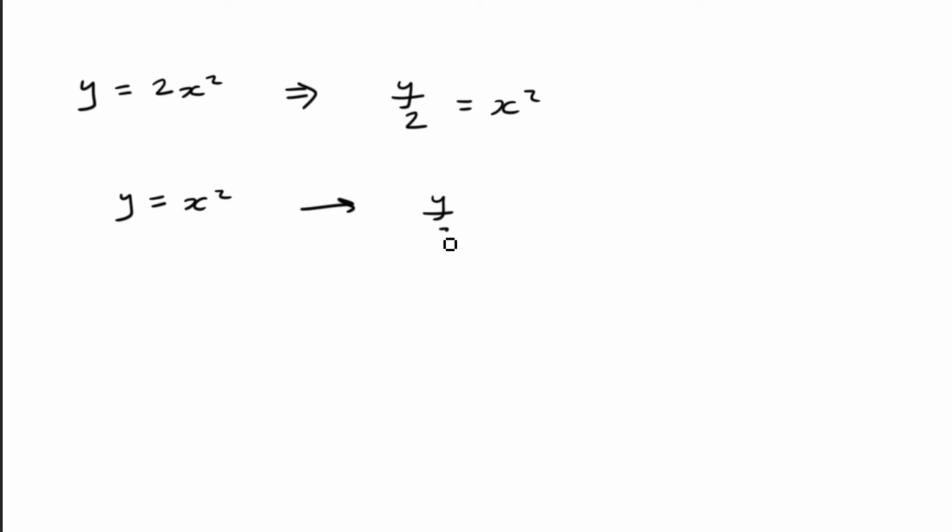How would we draw a quadratic graph with a coefficient of x squared other than 1 or negative 1? For example, y is 2x squared. One thing we could do is to rewrite that as y divided by 2 is x squared, and now again we can use our transformation rules. Because to go from a graph of y equals x squared to a graph of y over 2 is x squared, we have to replace y by y divided by 2, and so our transformation rules tell us that we have a stretch.